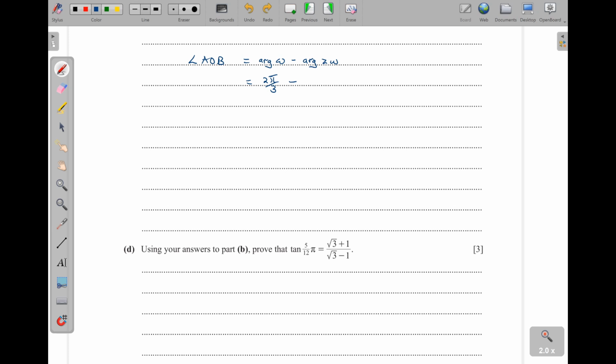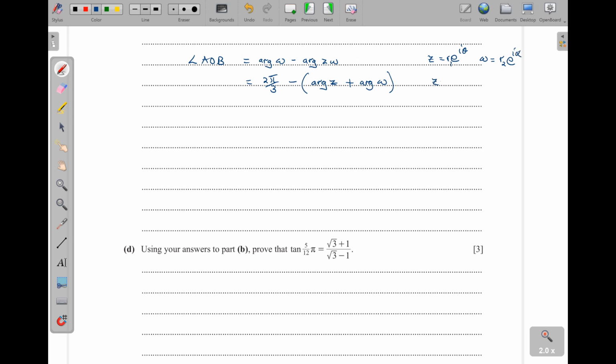It is actually the same as saying the argument of Z plus the argument of omega. When you use the properties of arguments, why is it like that? If Z has its argument as theta, then I write r1 e^(i theta), and omega has, let's say, r2 e^(i alpha).